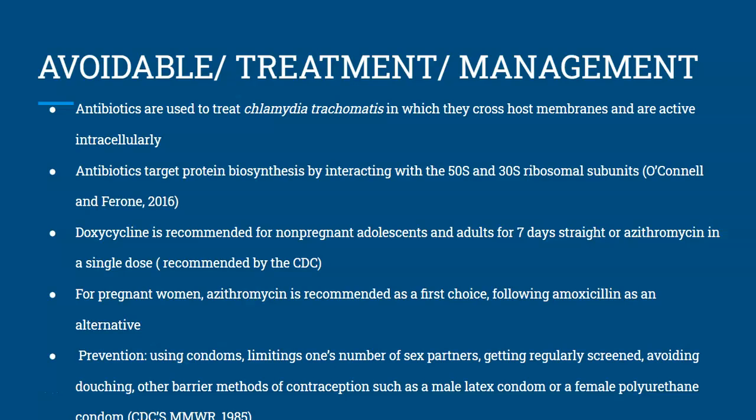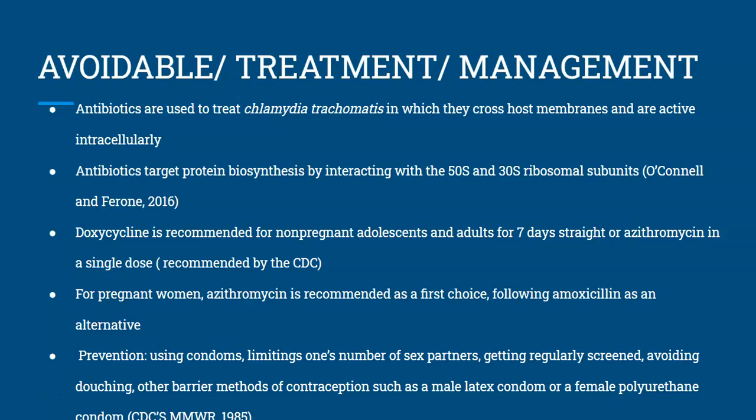So how to avoid, treat, and manage chlamydia. Antibiotics are used to treat Chlamydia trachomatis, in which they cross host membranes and are active intracellularly. These antibiotics target protein biosynthesis by interacting with the 50S and 30S ribosomal subunits.